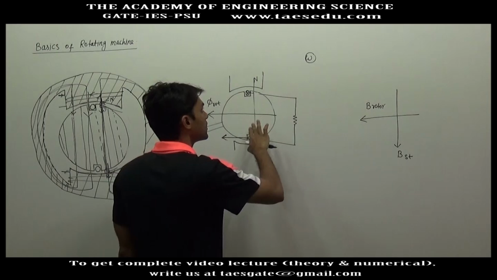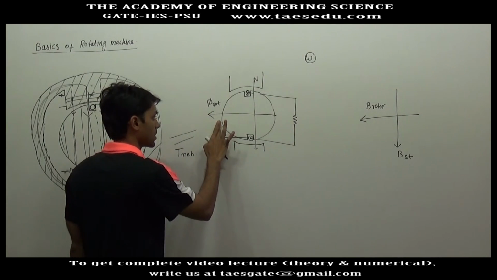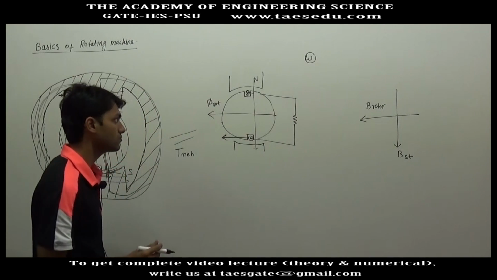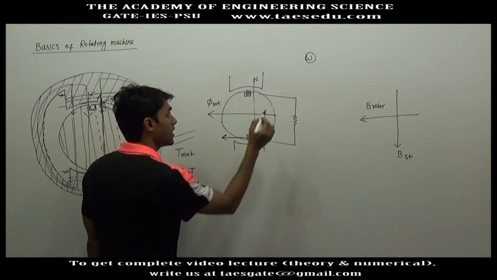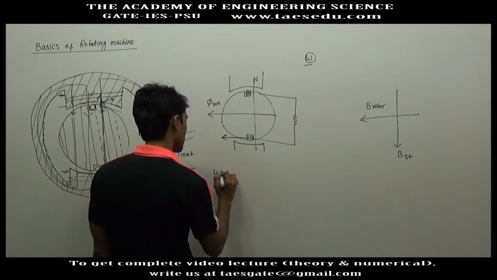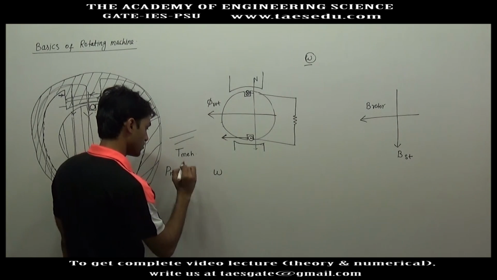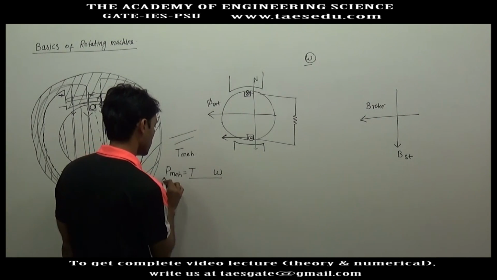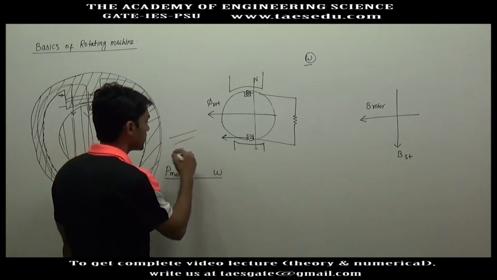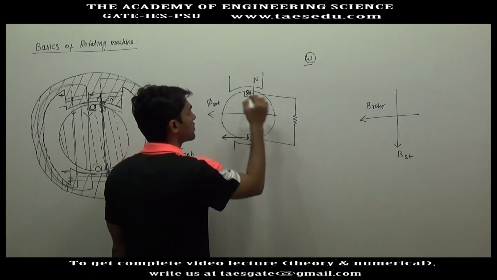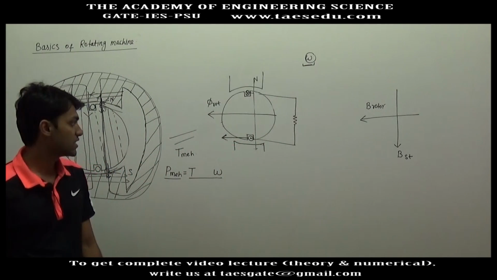Before disconnecting, you applied a torque T, and if it is rotating with omega, what mechanical power are you giving as input? T into omega will be the input mechanical power. Now if you are not giving any torque and it is rotating with speed omega, you are not giving any mechanical energy.